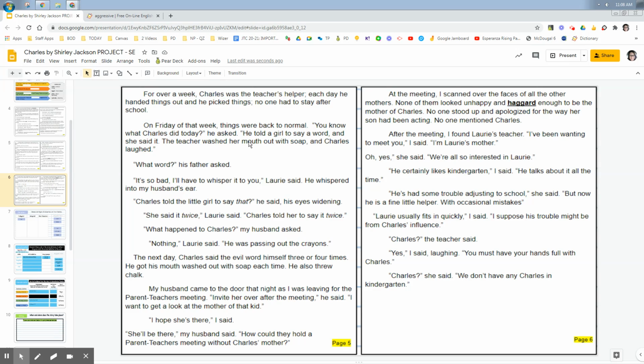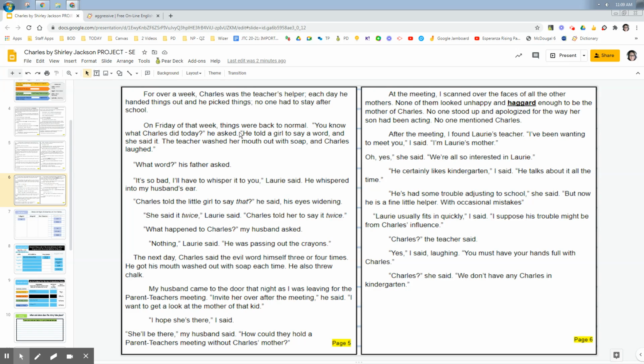So I can say, okay, he told the girl to say a word and she said it. And the teacher washed her mouth out with soap and Charles laughed. Well, based on what he said to the girl to do, that's the evidence I can find to put into slide 9 next to according to the text.